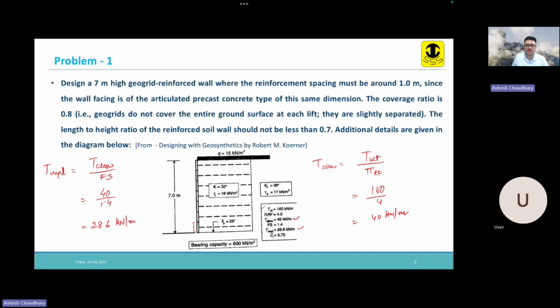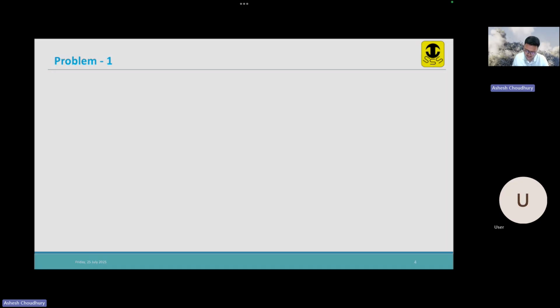Now what we will do is, first generally we have to do the stability analysis, right? So let us now first do the external stability analysis.